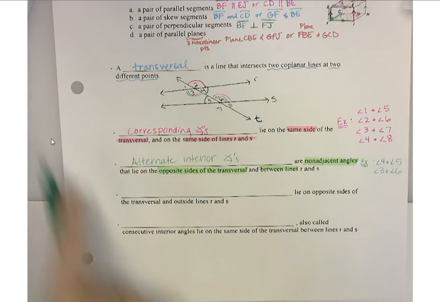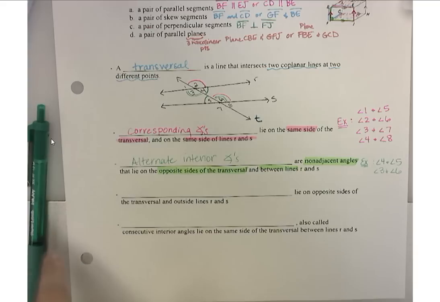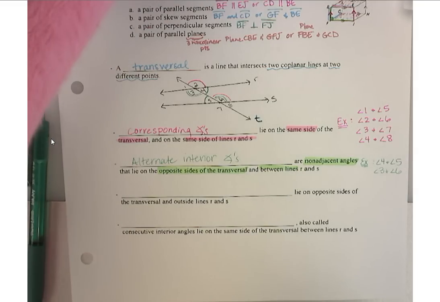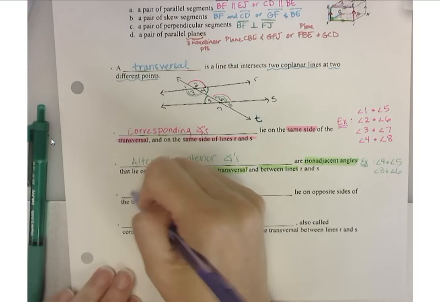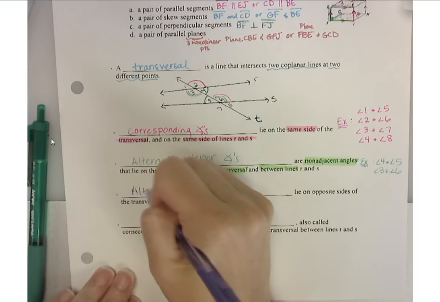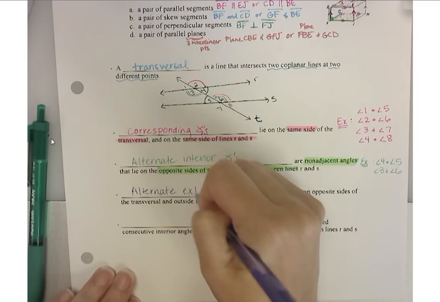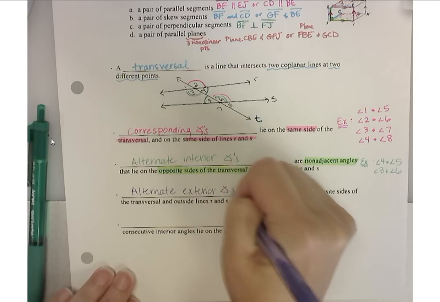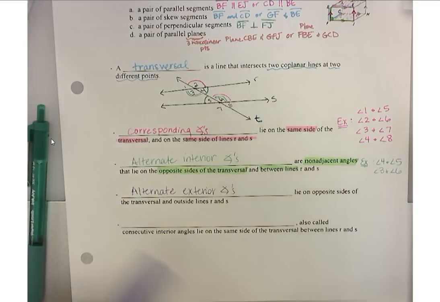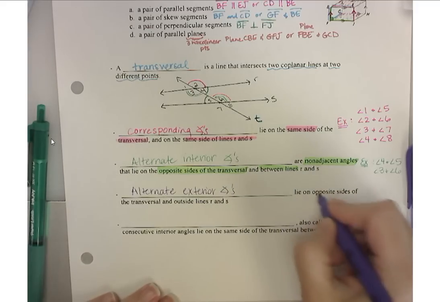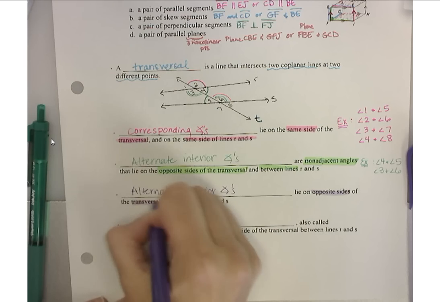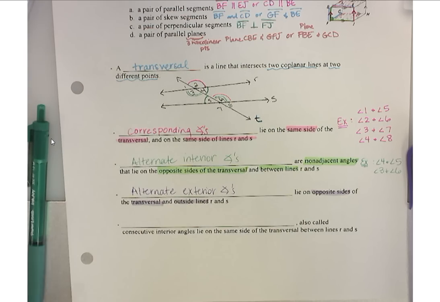All right, and then the next type, we had alternate interior. Now we're going to have alternate exterior. So they are still going to alternate, but now they're outside of those two lines. And they lie on opposite sides. But now they are outside of those lines. All right, so let's go ahead and find what those are.